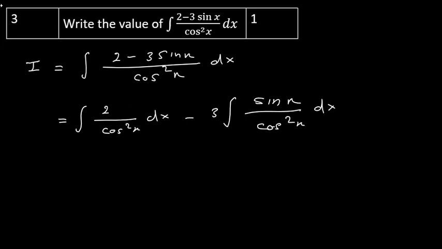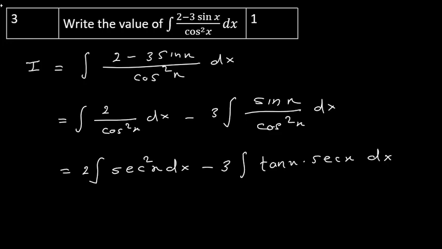We have to convert them in such a form for which we know the integration. So here I will take 2 common, and 1 upon cos square I will write as sec square x dx. Then we have minus 3, sin upon cos is tan and 1 upon cos is sec. So this we can write as tan x into sec x dx.